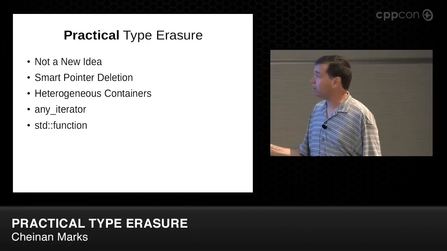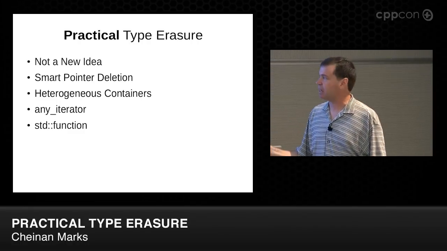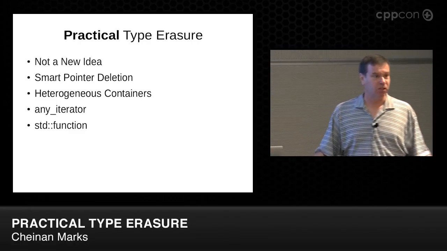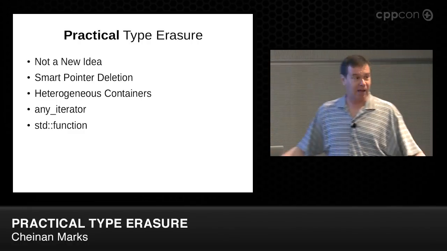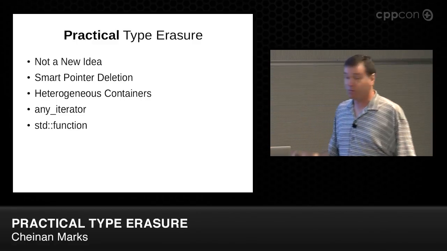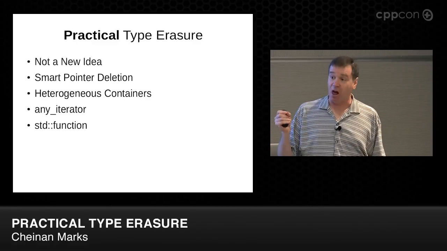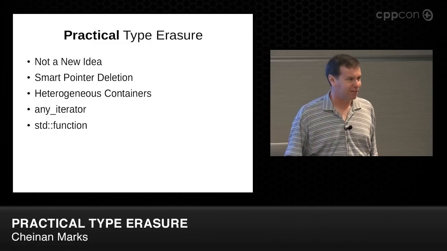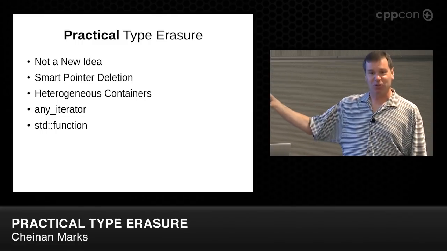And then finally, the big one that you may not have even known was using type erasure is std::function in C++11, which people use and happily use and don't even know there's type erasure in there. But if you think about what it's doing, it's taking a callable of some form, and I'm going to use Scott Meyers' language from his talk.